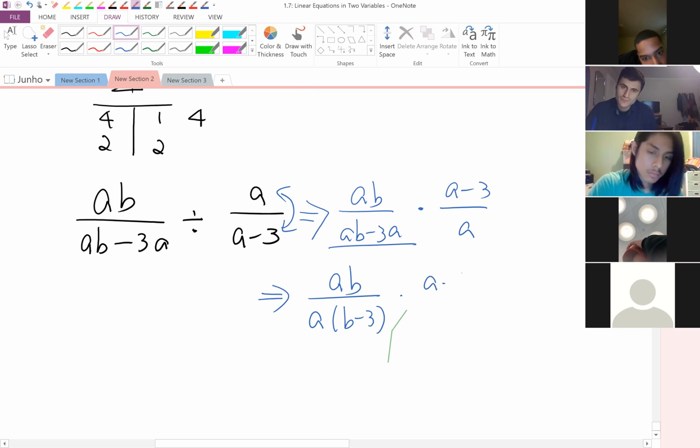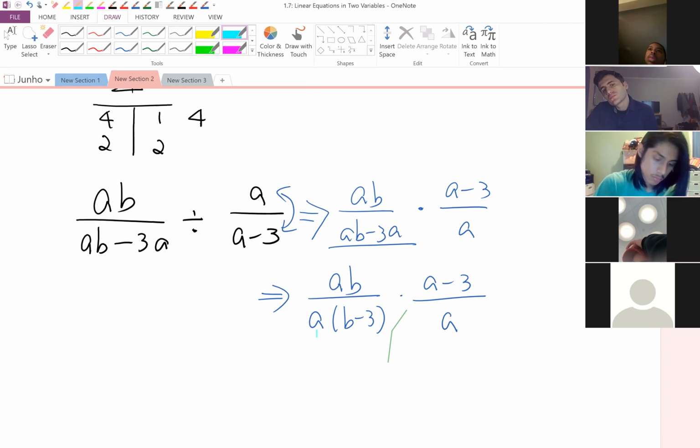Multiply A minus 3 over A. Any common factor between numerator and denominator? For the first one, yeah, we can cancel out A and A. Sorry, I made a mistake, it's just A, not A squared. A and A. That's it. Nothing else.